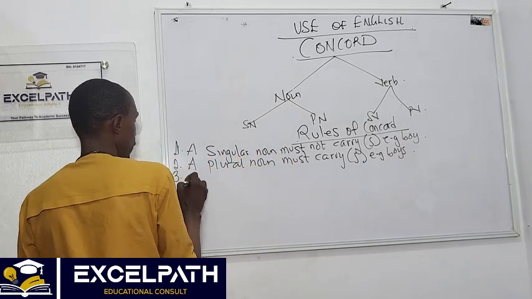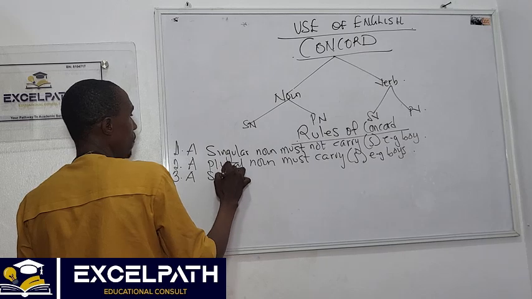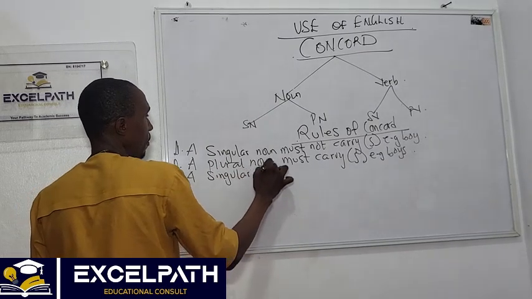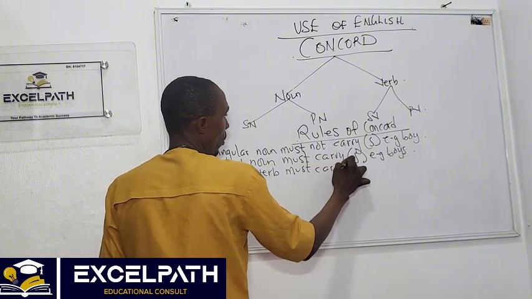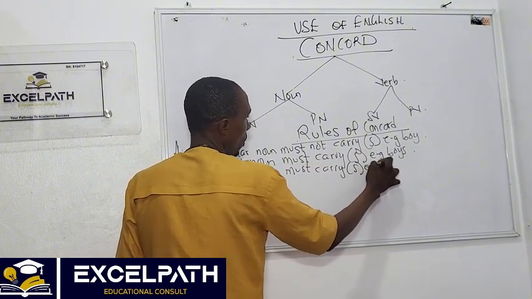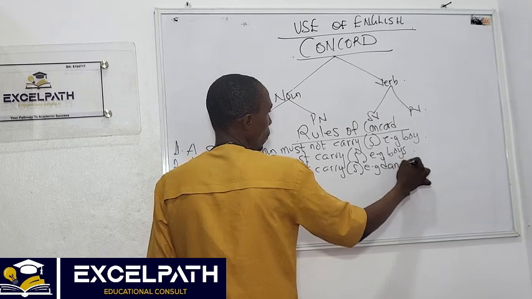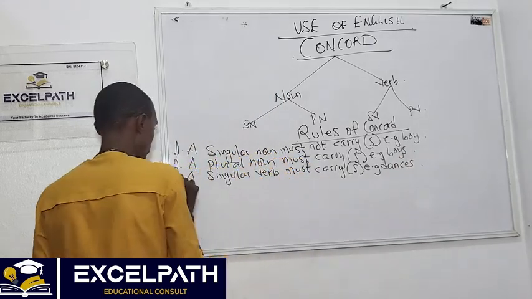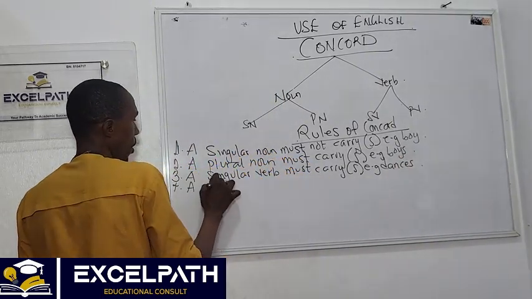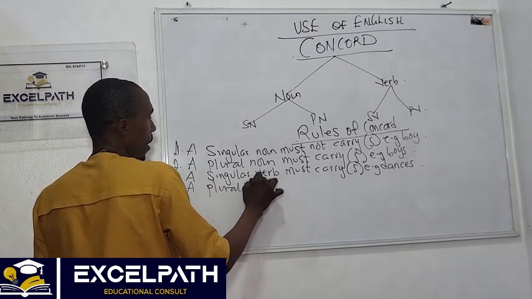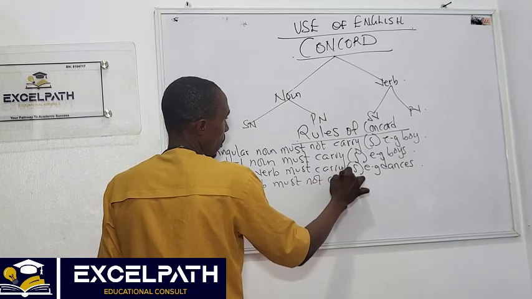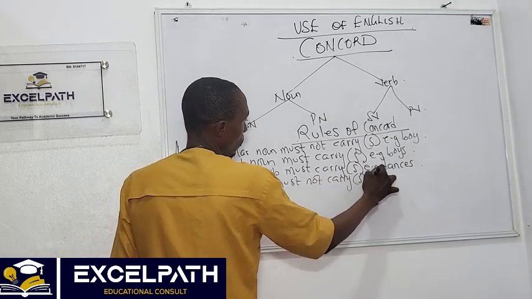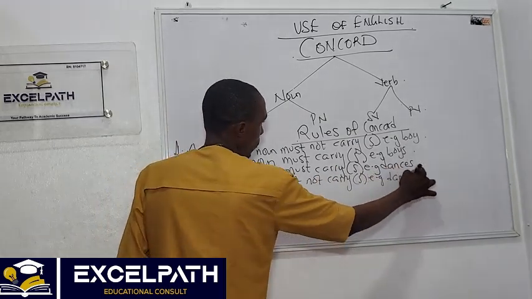Then number three, a singular verb must carry what? S, e.g. let's use this, dances. And finally, number four, a plural verb must not carry what? S, e.g. dance.